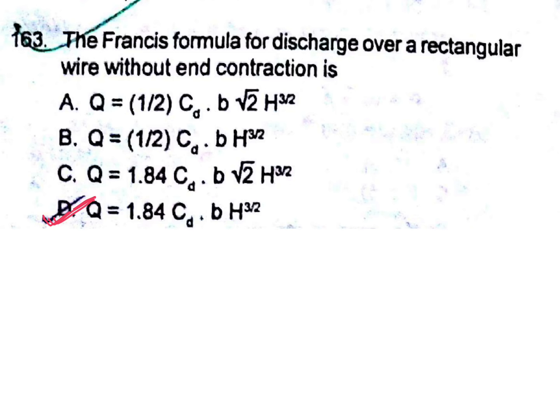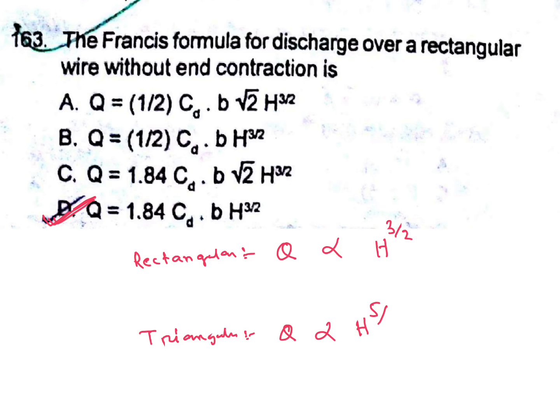For rectangular and triangular weir and notch, Q is proportional to, for rectangular case, H to the power 3 by 2. For triangular case, Q is proportional to H to the power 5 by 2. Sometimes they are asking also based on this formula. So these two also you remember.